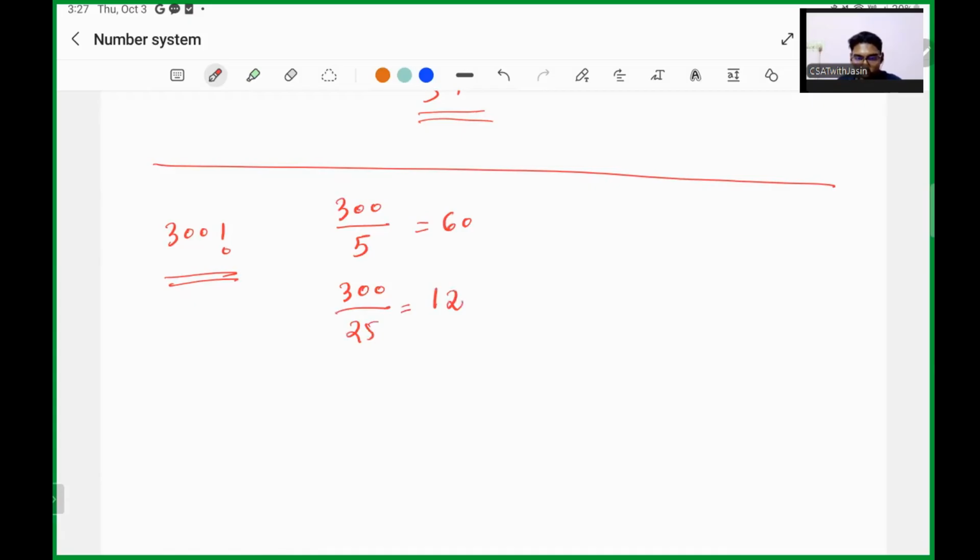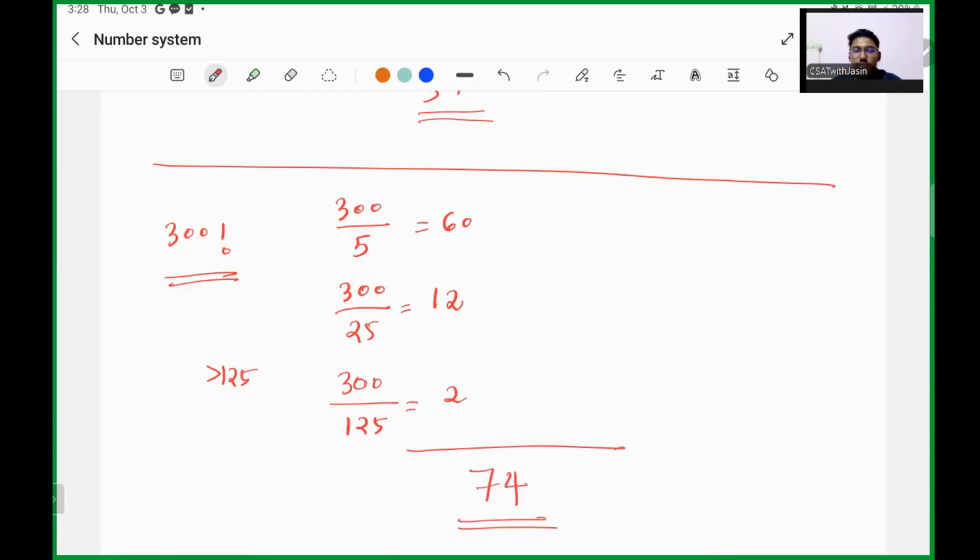Now, since the number is greater than 125, you also divide 300 by 125. You get 2 point something, because 125 into 2 is 250. So you add all these, 50 plus 12 plus 2, and your answer will be 64.